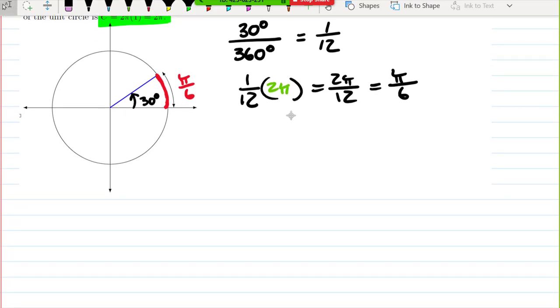This turns out to be the definition of radians.